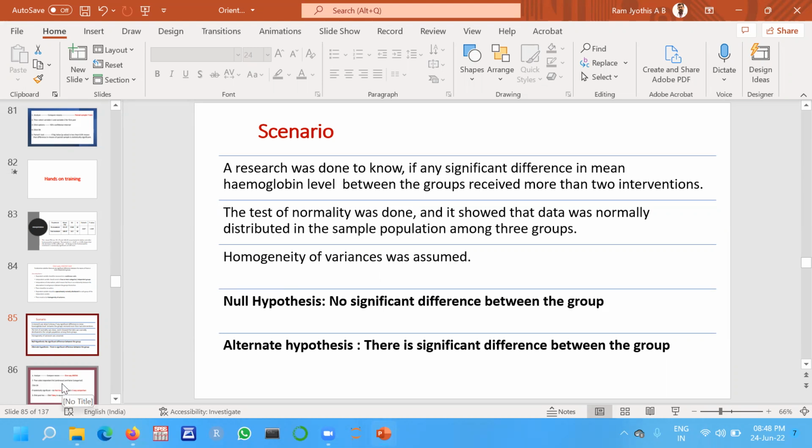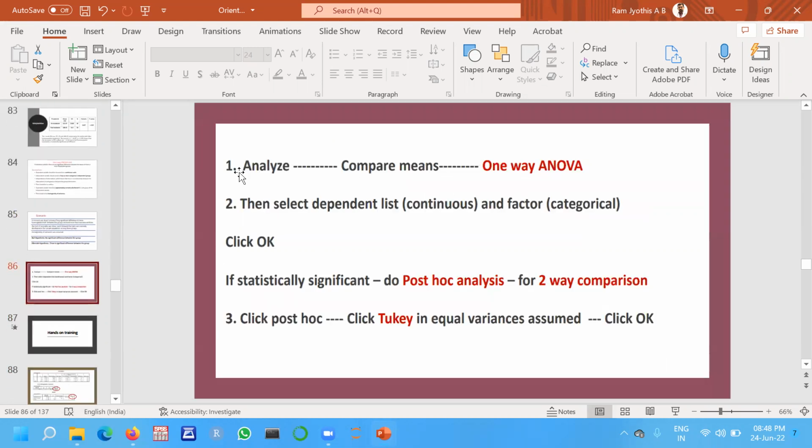Let us see how to proceed. What is the procedure? The algorithm is analyze, compare means, one-way ANOVA. If there is no change between the groups, we can leave it. But if there is any change between the groups, then we have to go for a post hoc analysis.